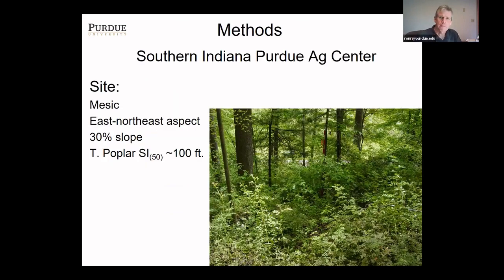So we established this, as I said, at the Southern Indiana Purdue Agricultural Center on a mesic east-northeast aspect slope. In fact, earlier efforts at trying to manage the invasives on this site were to use prescribed fire. Because of the mesic nature of this site, prescribed fire couldn't be done in the spring.